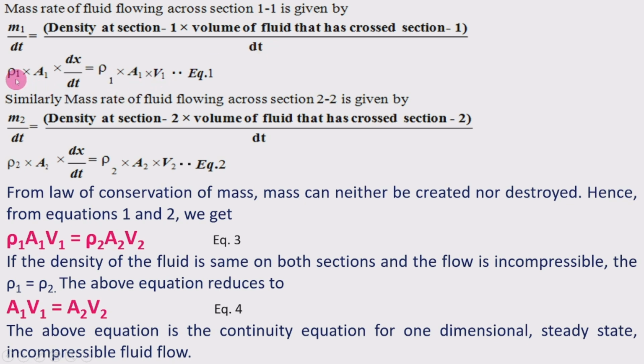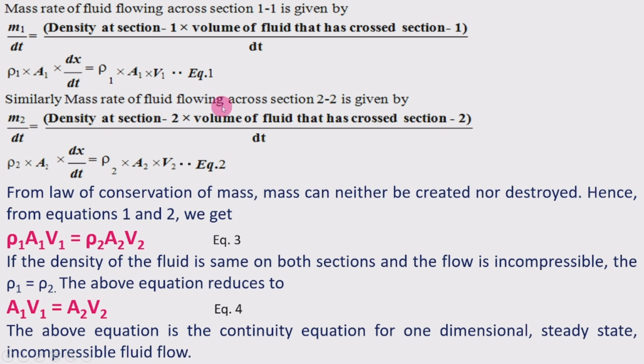That is written as density ρ1 and cross-sectional area A1, multiplied by dx, the volume that has crossed section 1, per time. Now we take ρ1 and A1 as they are, and the dx by dt term is the distance per unit time, or displacement per unit time, which is the velocity, taken at cross section 1 as V1. This becomes ρ1 A1 V1, and we take it as equation 1.